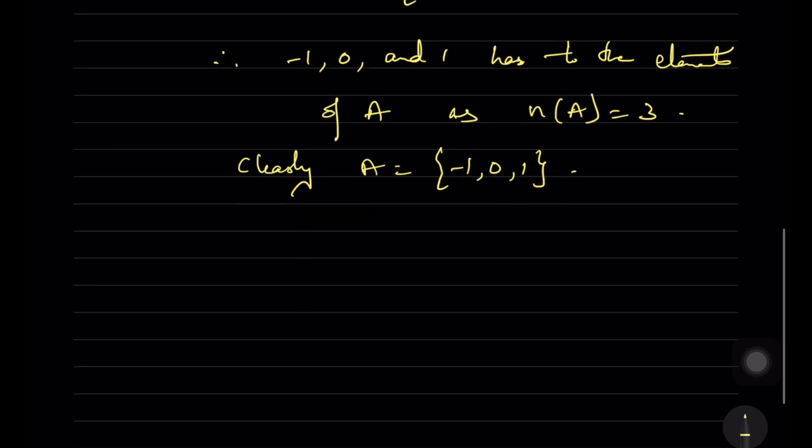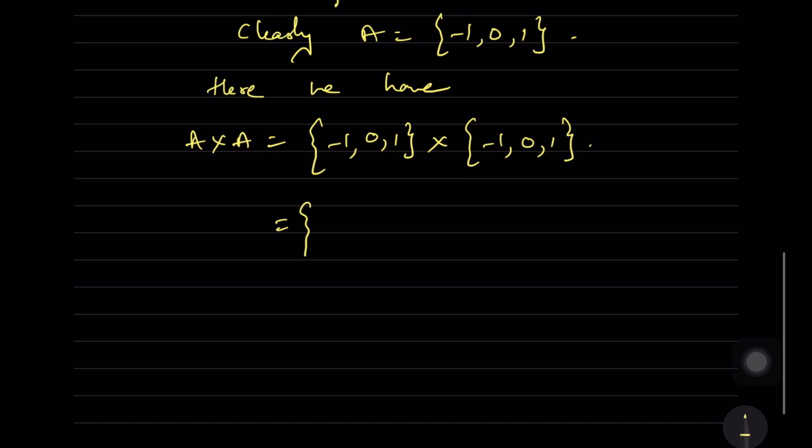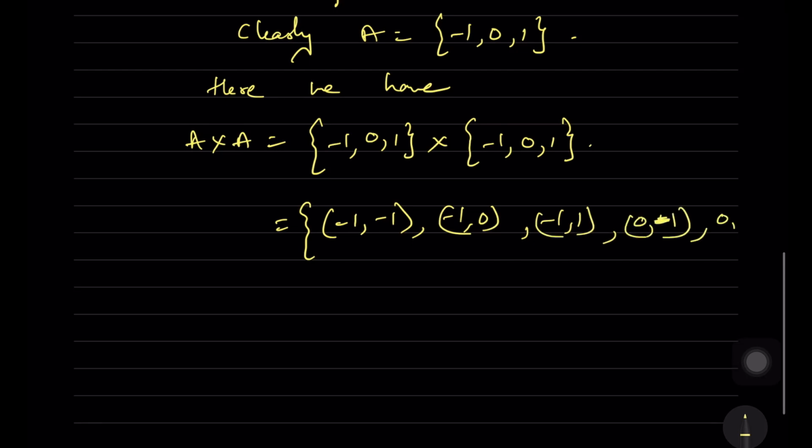And what is all of A cross A? We'll just write down. So here we have A cross A is equal to {-1, 0, 1} cross {-1, 0, 1}, which is equal to the set of all ordered pairs (-1,-1), (-1,0), (-1,1), (0,-1), (0,0), (0,1), (1,-1), (1,0) and (1,1).